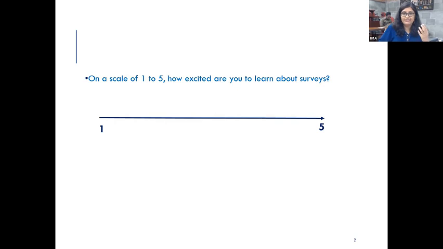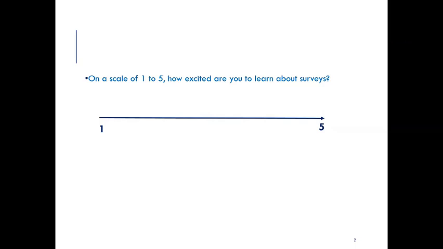So if it's 1, then you are least excited, but if it's 5, then you are most excited, right? And that's not true, because I haven't told you what 1 means, what 2 means, what 3 means, what 4 means, and what 5 means. You also possibly assumed that the 5 points are equidistant. So your level of excitement is kind of correlated with the number you choose. This is what I want you to think about.